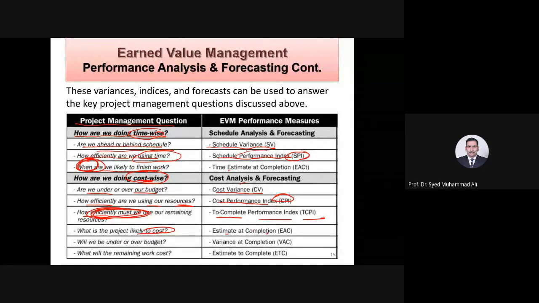Will we be under or over the budget? Fundamental question. Variance at completion. How much will be above or below the expected budget? What will be the remaining work cost? Remaining work. Whatever is done, but what about the remaining work? So estimate to complete, ETC. So this is the entire project budget, and this is for the remaining part.